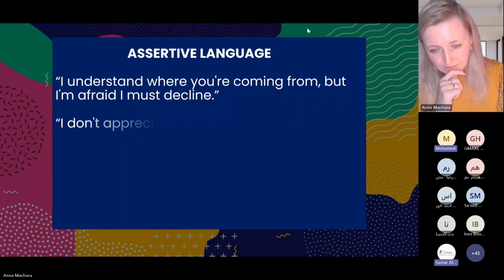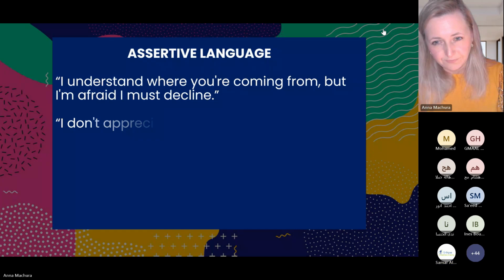I think it's when you express your point of view or opinion directly, using direct words. I think when you express your thoughts in a confident, self-assured way while respecting other views.